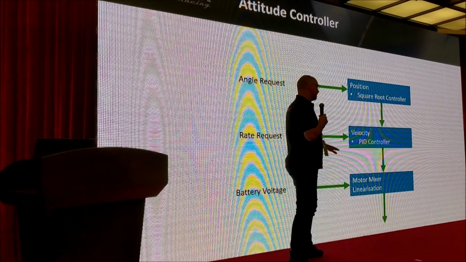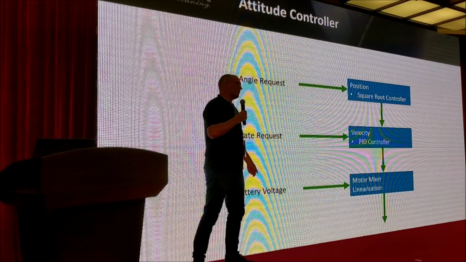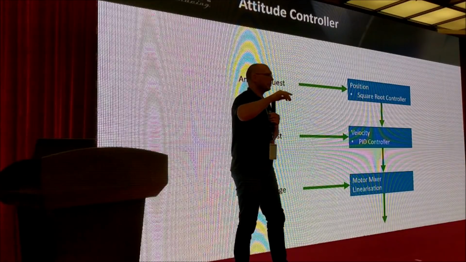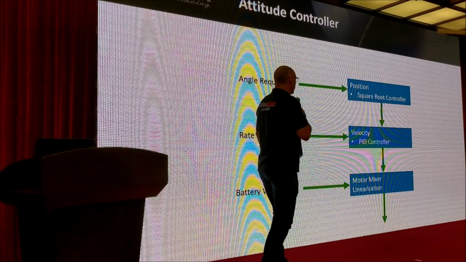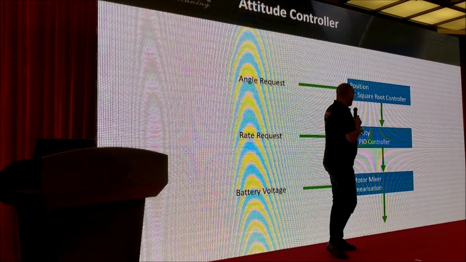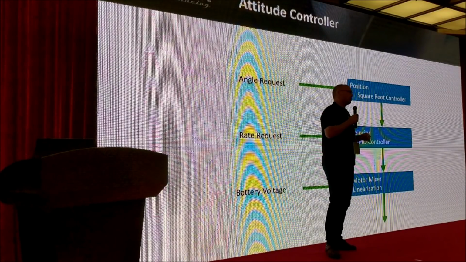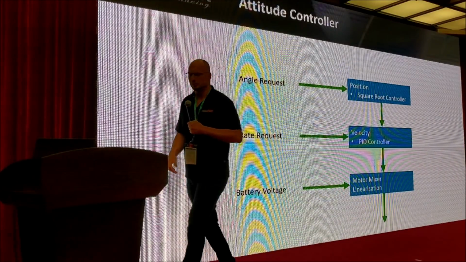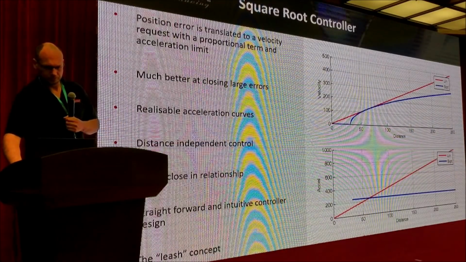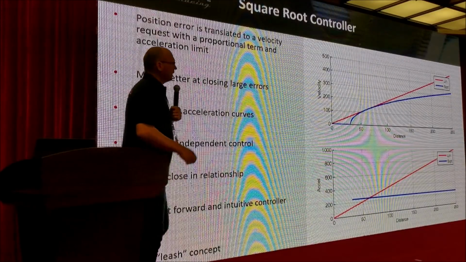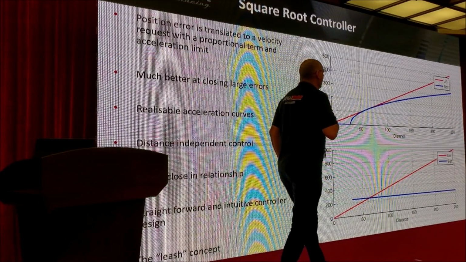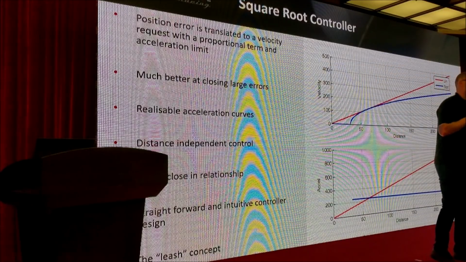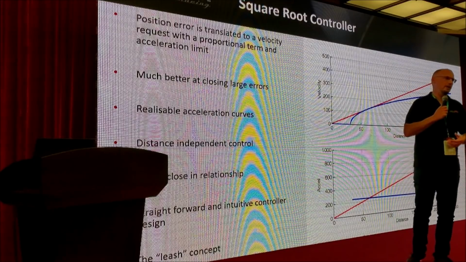But it also does things like take into account the battery voltage and the limits of those outputs to linearize the system and to let the velocity controller know when it's asking too much. So the first little thing that is very important is dealing with that saturation problem that I talked about.